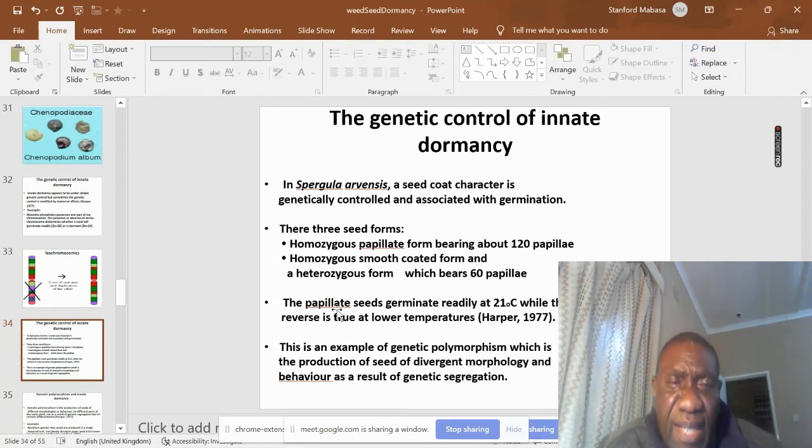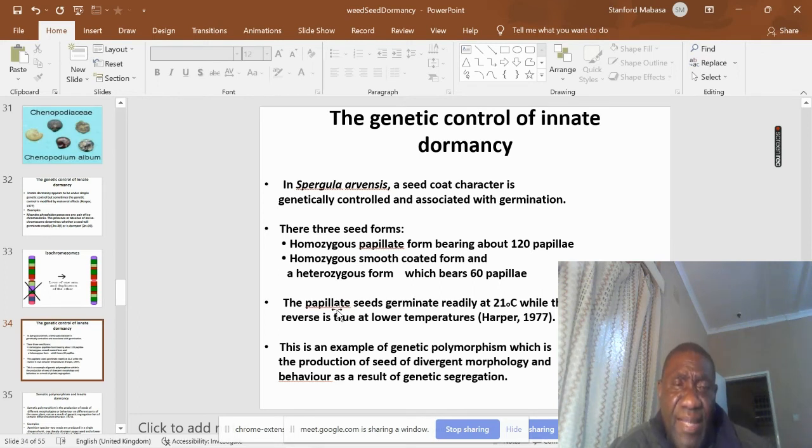There's also an interesting plant known as Spegula avensis. We can associate its seed coat character, which is genetically controlled. We can associate this seed coat to seed germination.